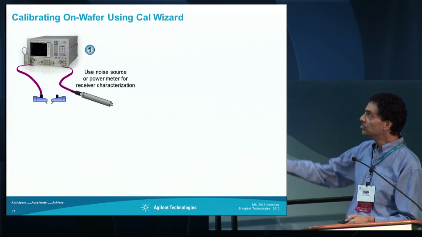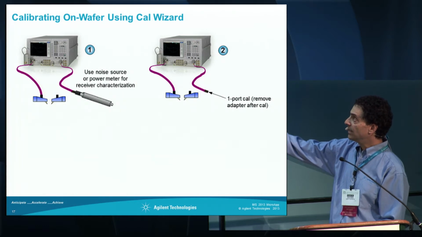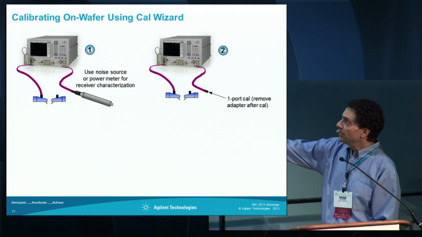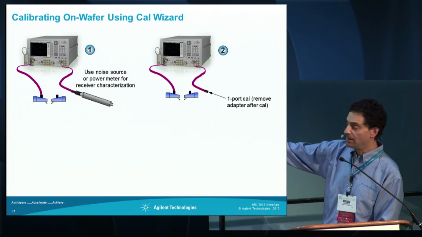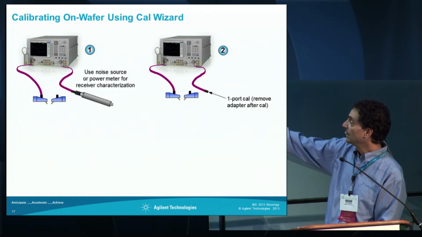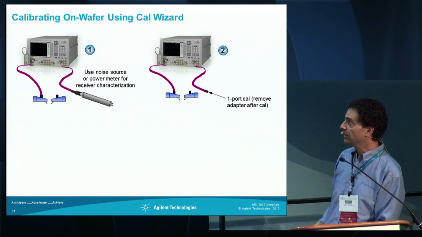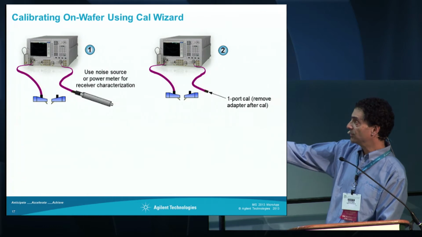The Cal Wizard guides you through the steps here. In this example the noise source is coaxial, so you hook it up to the cable. I guess in both cases you do have to unscrew the cable there to hook up the coaxial noise source.